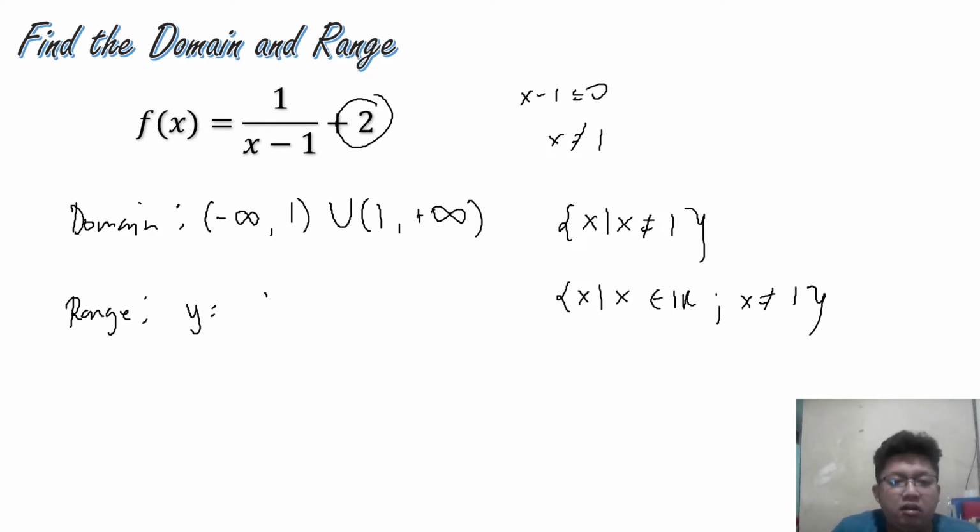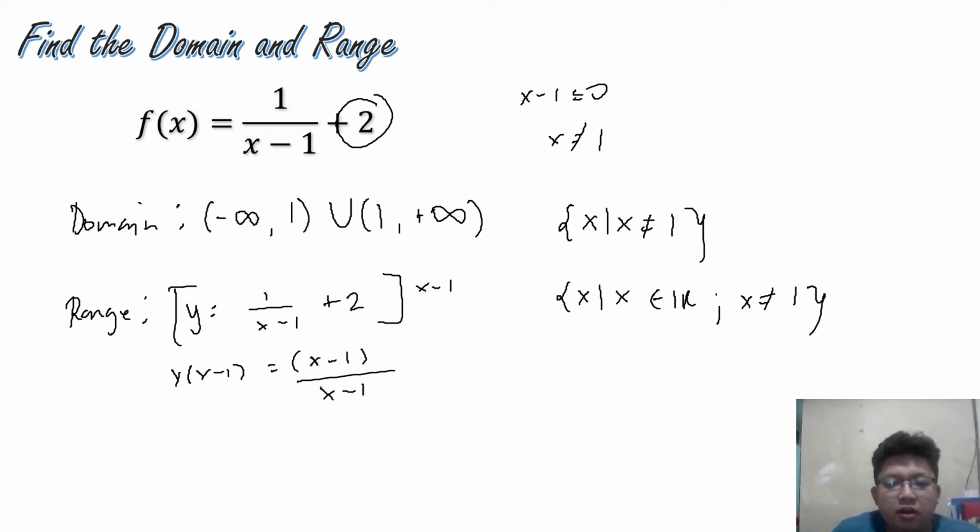y equals 1 over x minus 1 plus 2. So here we will multiply x minus 1 on both sides. So this will be y times x minus 1, plus 2 times x minus 1.